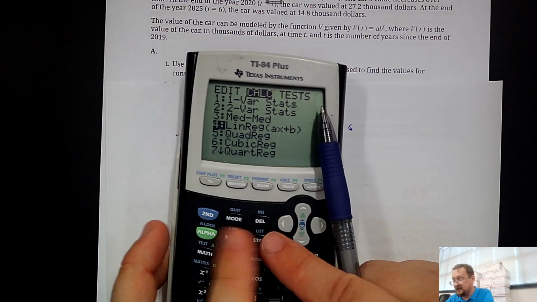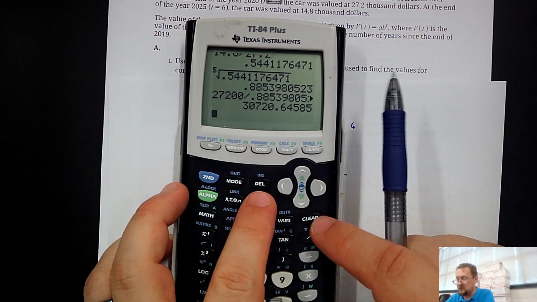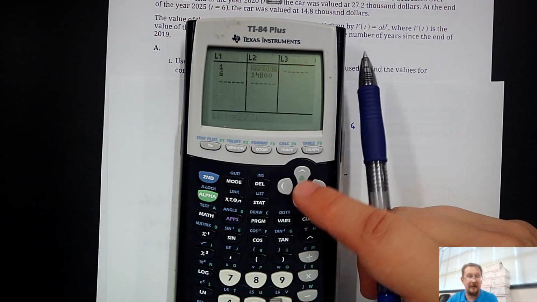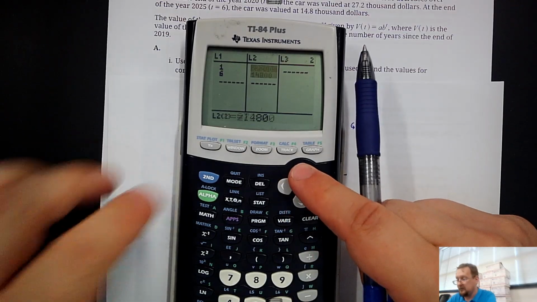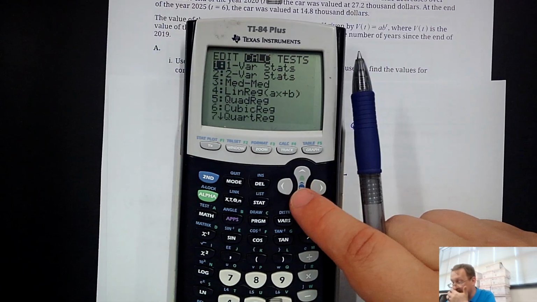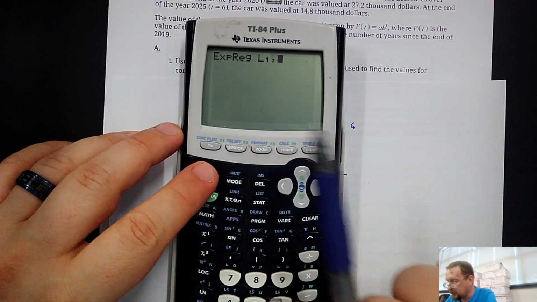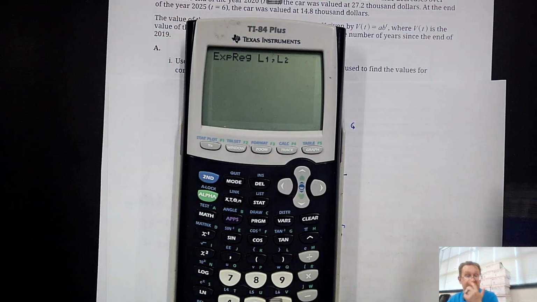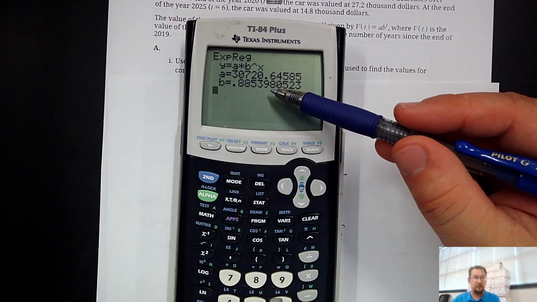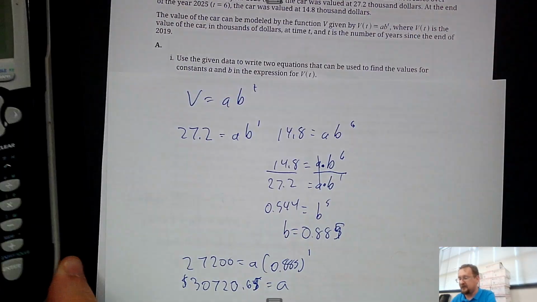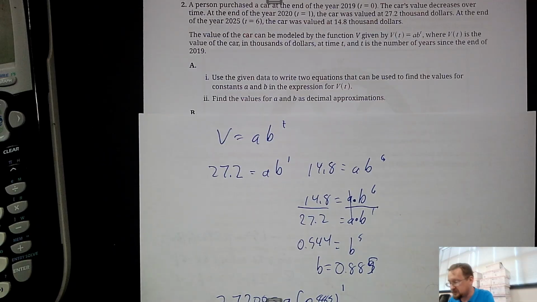Okay, so I push the button stat. Here, let me show you what I'm doing. I push stat, edit. I put in time, and V for value. I go to stat calc, and then I go to exponential regression. L1 holds the x's, L2 holds the y's or the v's, and then there's your a and there's your b. See, y equals ab to the x. It has the right form. Not power regression, exponential regression.